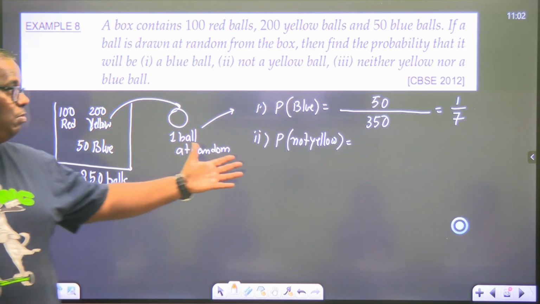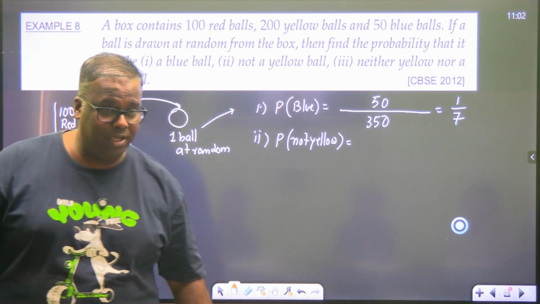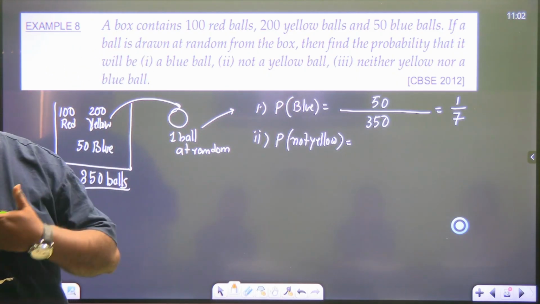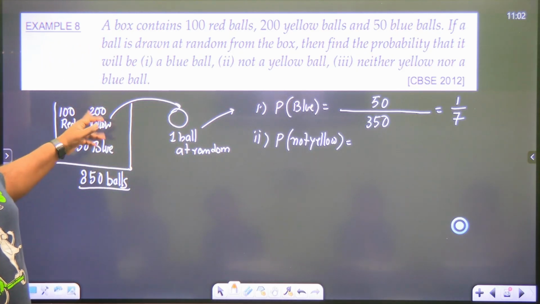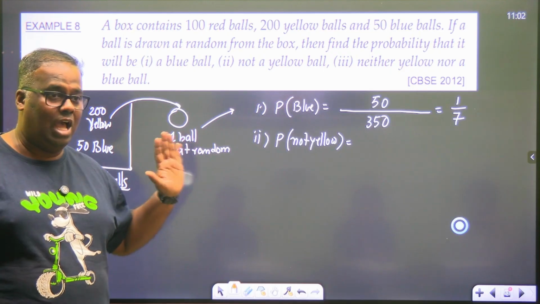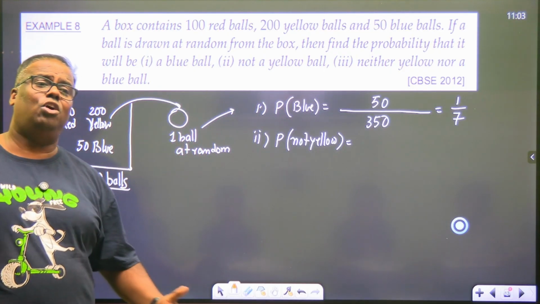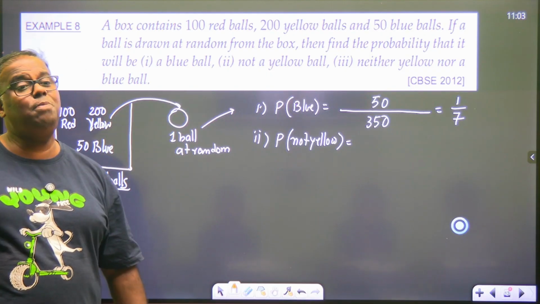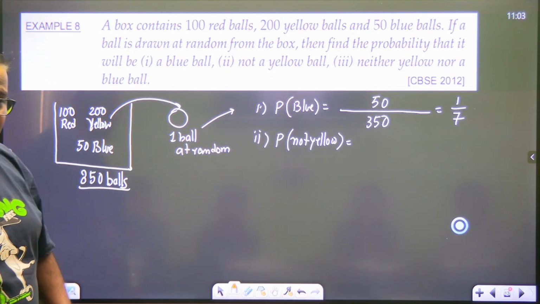Try to see probability not a yellow. Any ball that I pick which is not a yellow favors me. In other words, if I pick yellow, I will lose the match. I should pick the reds or the blues. Anything I pick up, red or blue, favors me. How many reds do I have?